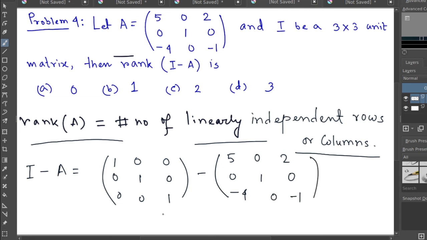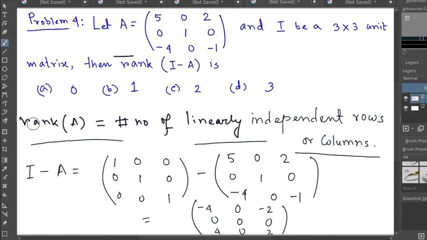If we perform the component-wise subtraction, the matrix will be minus 4 0 minus 2, 0 0 0 and 4 0 2. Think about that. So I minus A, what we got, let's rub this part.